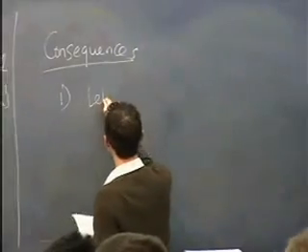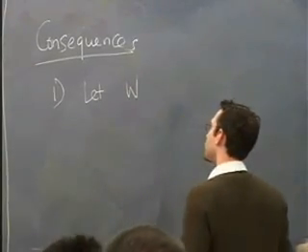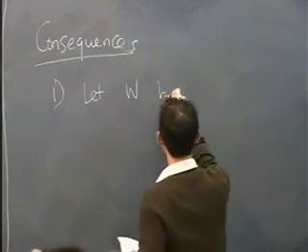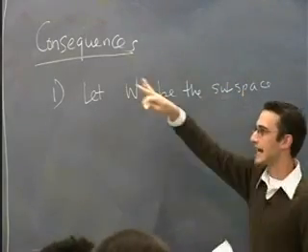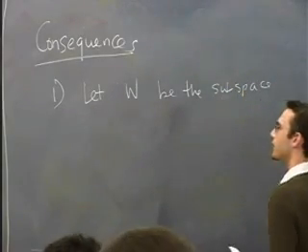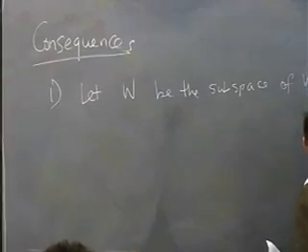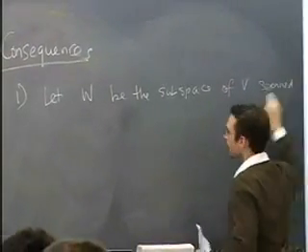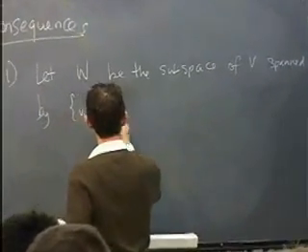Let W be the subspace, retaining notation from the recall here, of V spanned by the set v1 through vn.